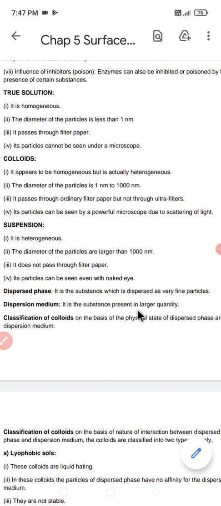It is the substance that is present in a larger quantity. Just remember, the solvent that we see is called the dispersion medium. So a colloidal solution consists of the dispersed phase and the dispersion medium. Is this part now clear?